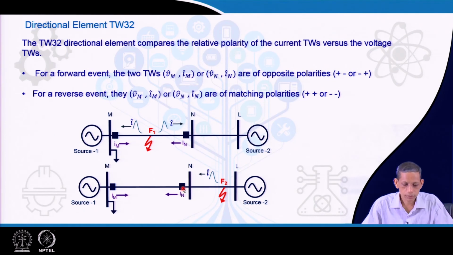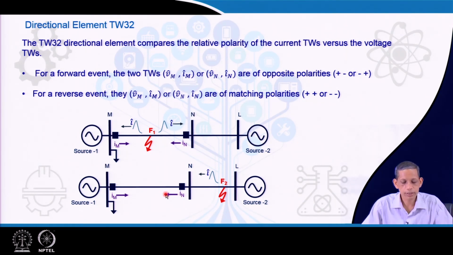So, this fault is a forward fault for the Im side and a reverse fault for the In side. So, Im will see in this case positive negative, and for this case this one will see both positive positive.